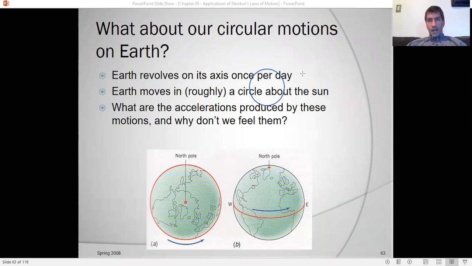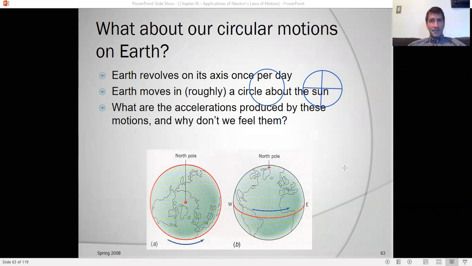The Earth is actually what we call an oblate spheroid. It slightly bulges more at the equator than it does at the pole. So if you measured the diameter from one side of the equator to the other, you get a larger measurement than you would from pole to pole.